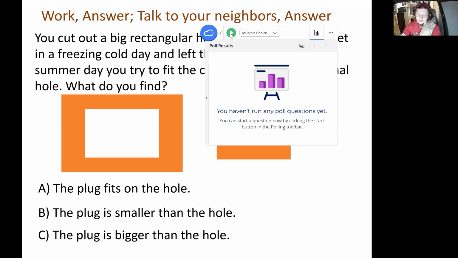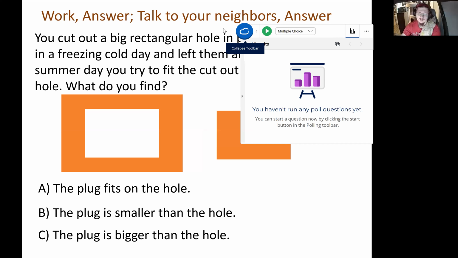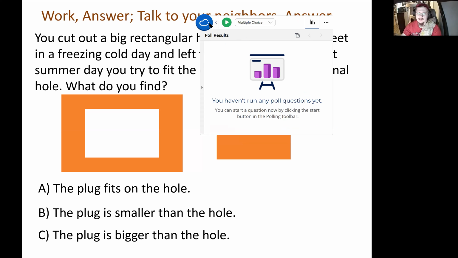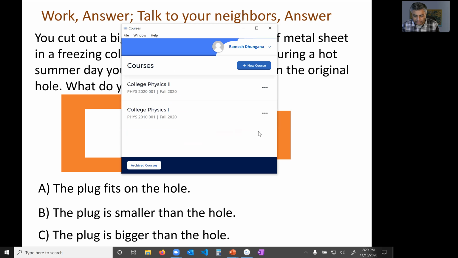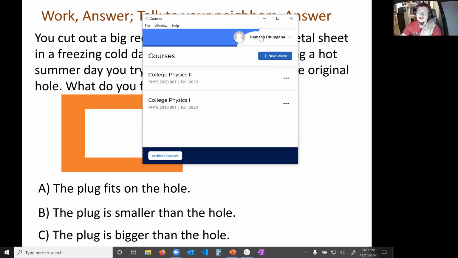On ours, we see just a multiple choice question 1 detail. It says, you cut out a big rectangular hole, your answer, and so on, but it doesn't say whether or not you got a correct answer. Yeah, it looks like I need to restart everything, this clicker thingy here. So you may have to rejoin it, okay? No problem. Yeah, it's kicked us out.